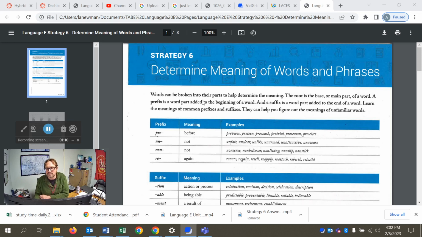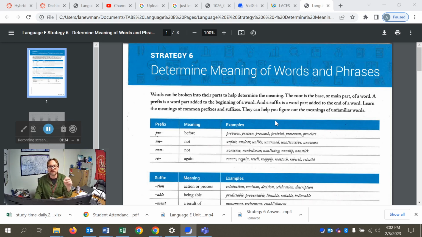I'll read this introduction here because it's going to give us some key terms. Words can be broken into their parts to help determine the meaning. So yeah, we're talking about breaking down words into smaller parts, kind of like we broke down sentences into smaller parts a few lessons ago. The root is the base or main part of a word. A prefix is a word part added to the beginning of a word.